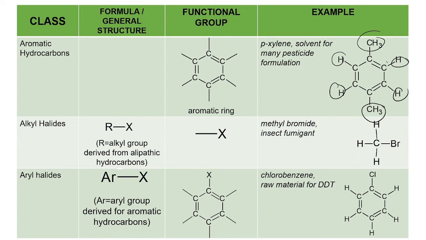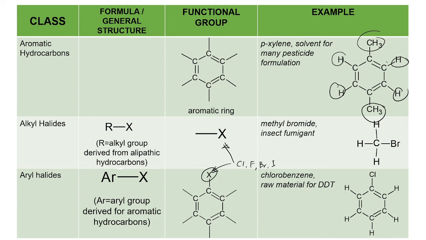Anyway, so we have here the aryl halide. Kung makikita natin, meron tayong aromatic ring, and also we have here our halide. Again, when we talk about halide, this can be chlorine, fluorine, bromine, iodine, or yung next pa na halogen.